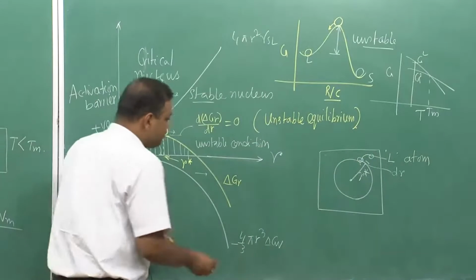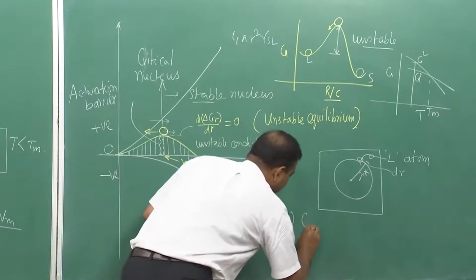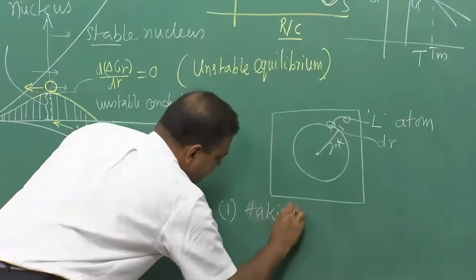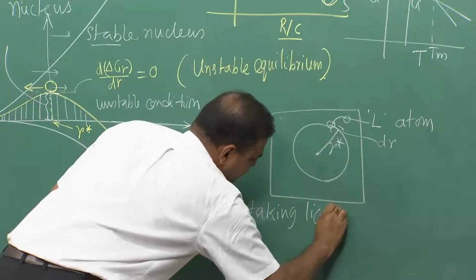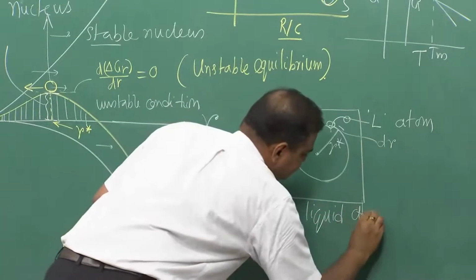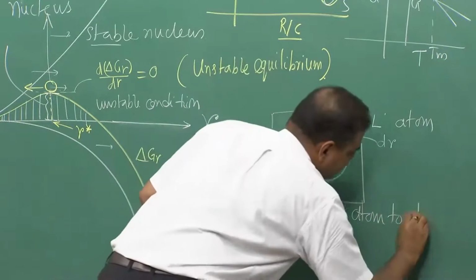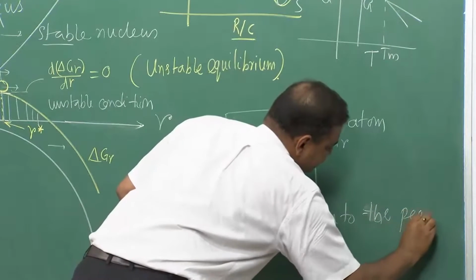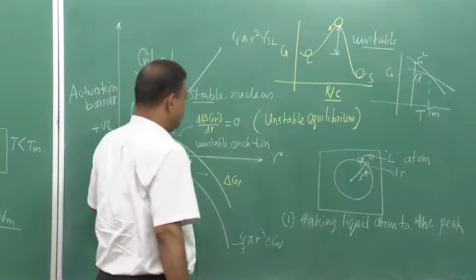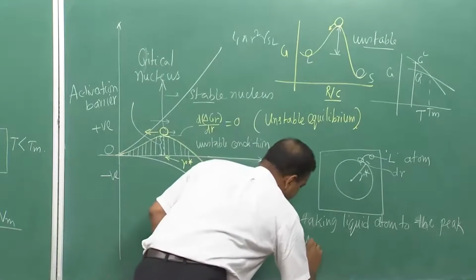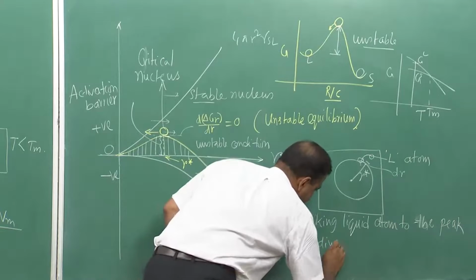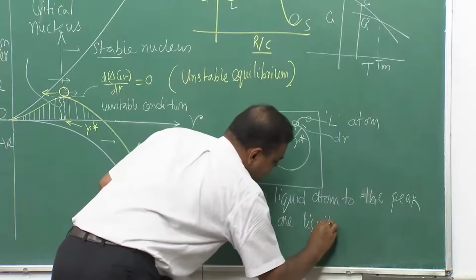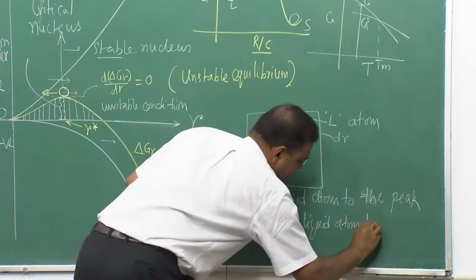Okay. So, that means two events, one is crossing, taking liquid atom to the peak point, and the second one is adding one liquid atom to the solid.